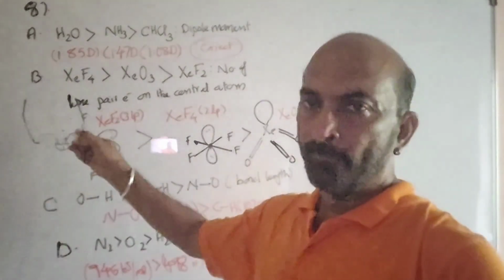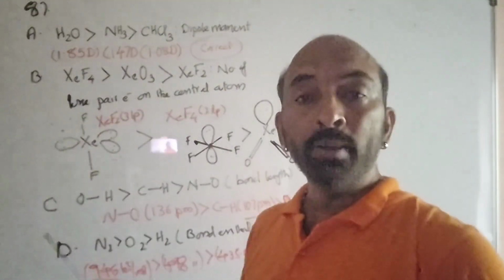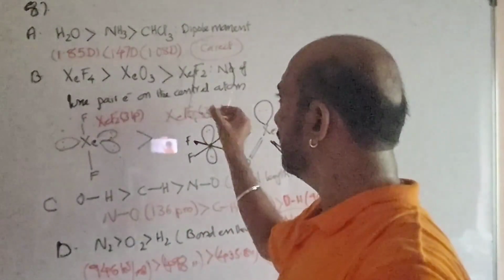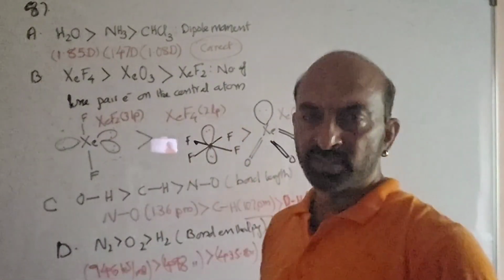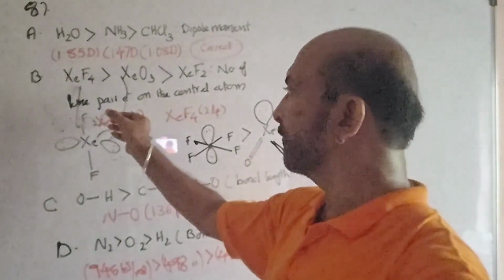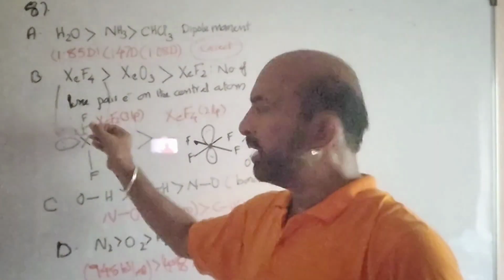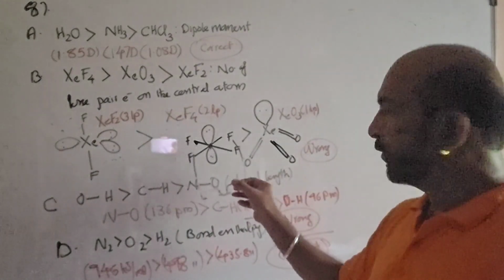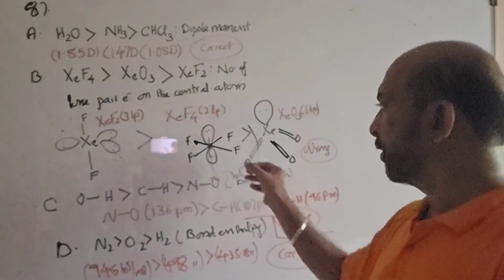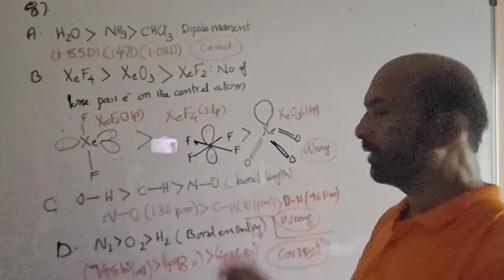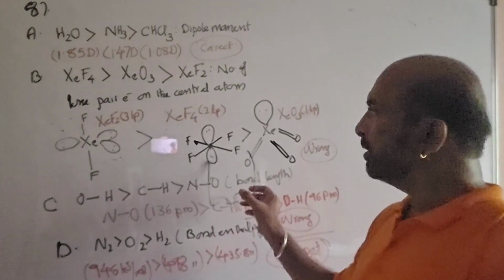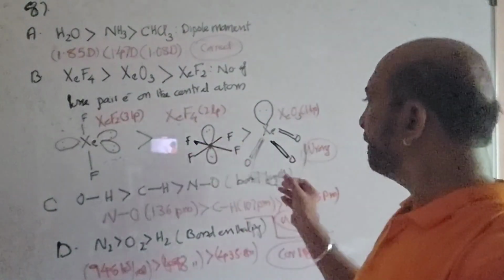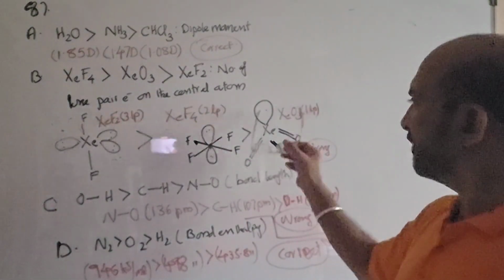Now the next one is with respect to the number of lone pairs of electrons on the central atom. In all three molecules the central atom is xenon. The first compound XeF4: the structure has 4 Xe-F bonds and 2 lone pairs, sp3d2 hybridization. XeO3 is pyramidal with 1 lone pair.